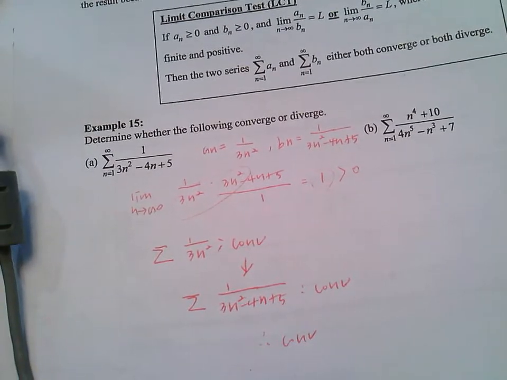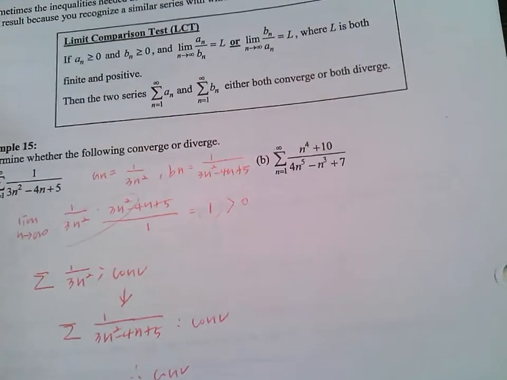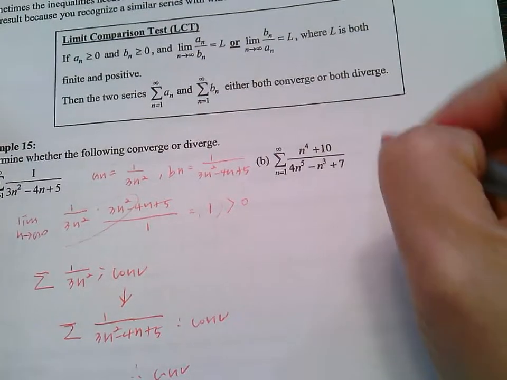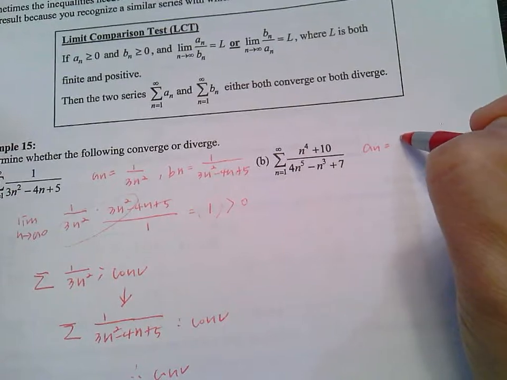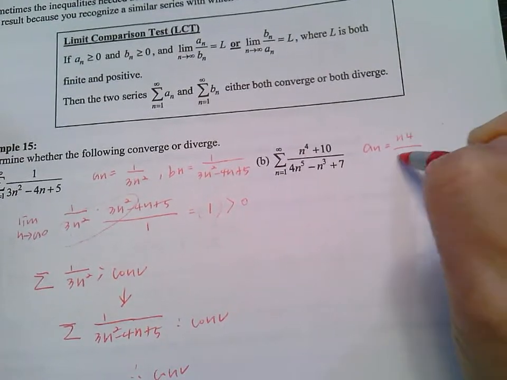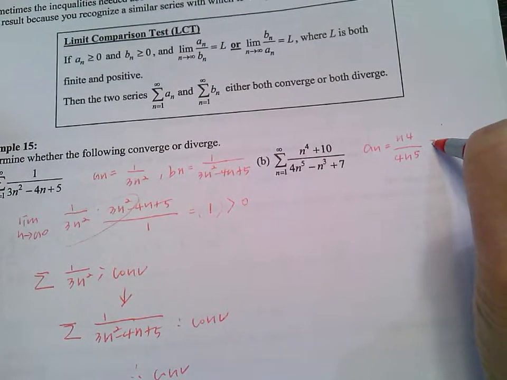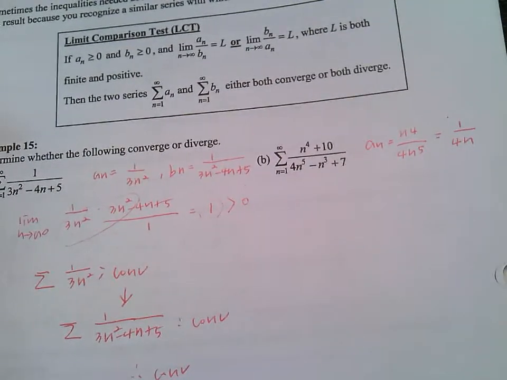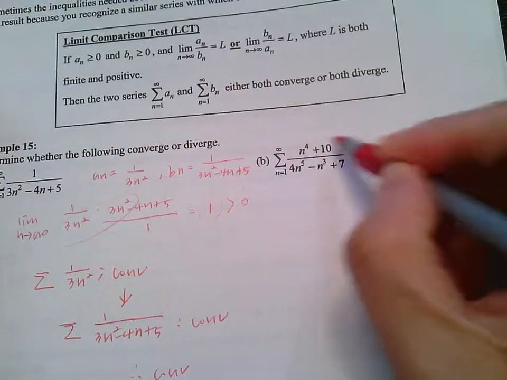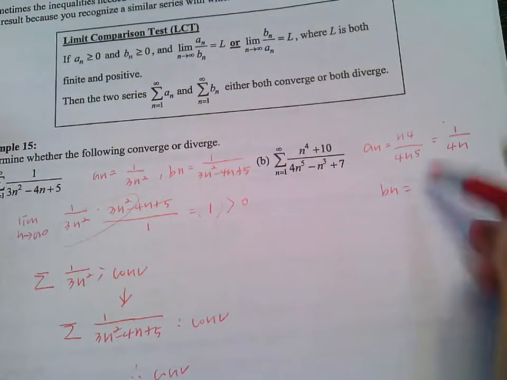Okay, now let's try B. Now let me determine a sub n. A sub n is what? The leading term, which is n to the 4th over 4n to the 5th. Reduce it, which is 1 over 4n. Now b sub n is just the series itself, right?